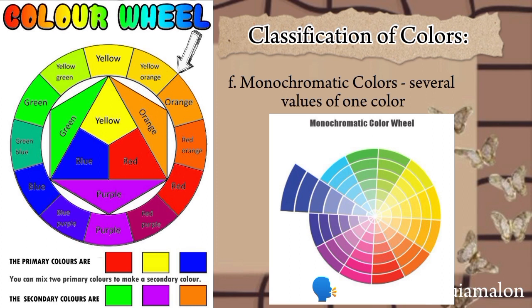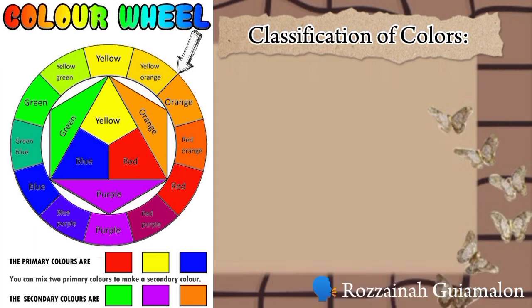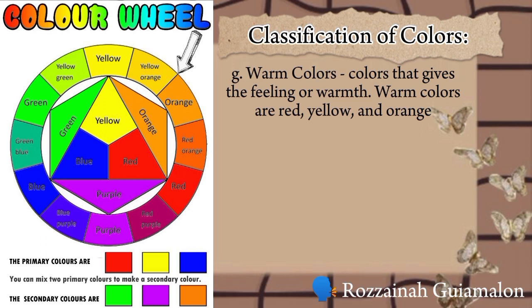Halimbawa, kung pipiliin mo ang blue bilang iyong base color, maaari mong gamitin ang mga mas maliwanag na shade ng blue tulad ng sky blue or baby blue, pati na rin ang mga mas madilim na shade tulad ng navy or midnight blue.